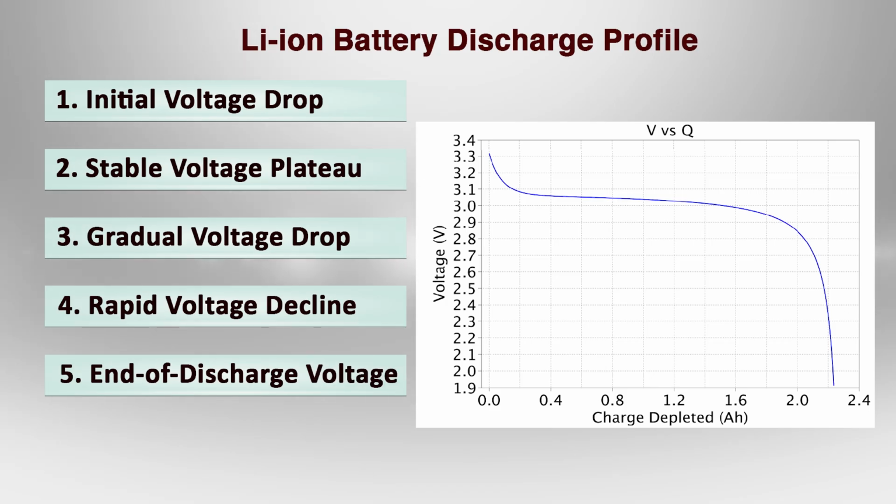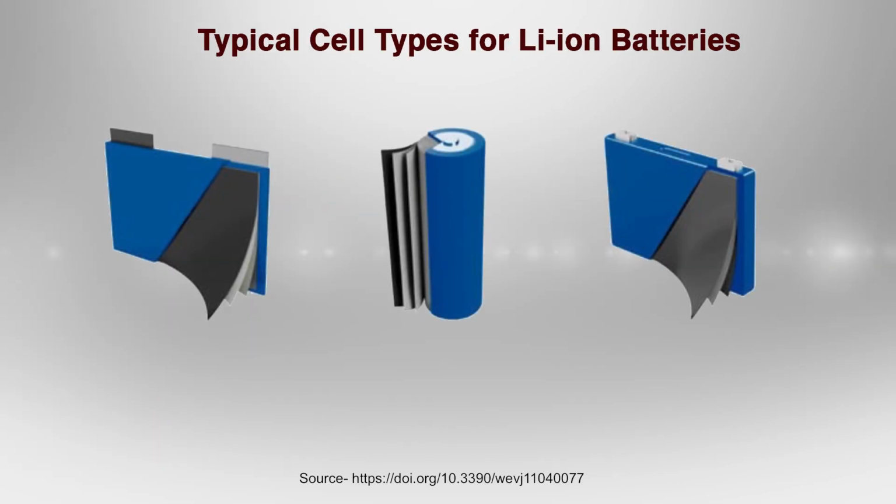As far as our working is concerned, the stable voltage plateau is our matter of concern. So whenever we are designing a battery pack using lithium ion battery cells, we have to consider this stable voltage plateau. Now let us understand what types of battery cells are available in lithium ion batteries.